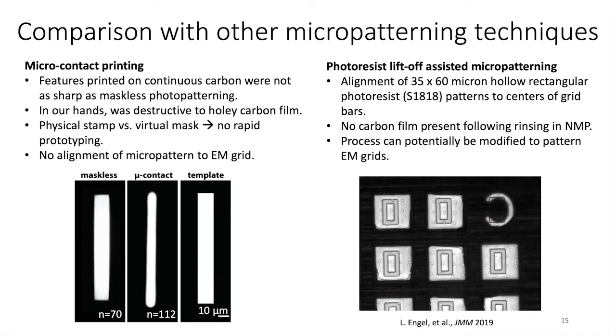When we tried this on the grids and looked at them, we didn't see any carbon film following the immersion in NMP. We think that this process can potentially be compatible with micropatterning of EM grids, but it would have to be modified to employ a more suitable organic solvent. It's possible that other grid types could also work, but that would have to be explored.